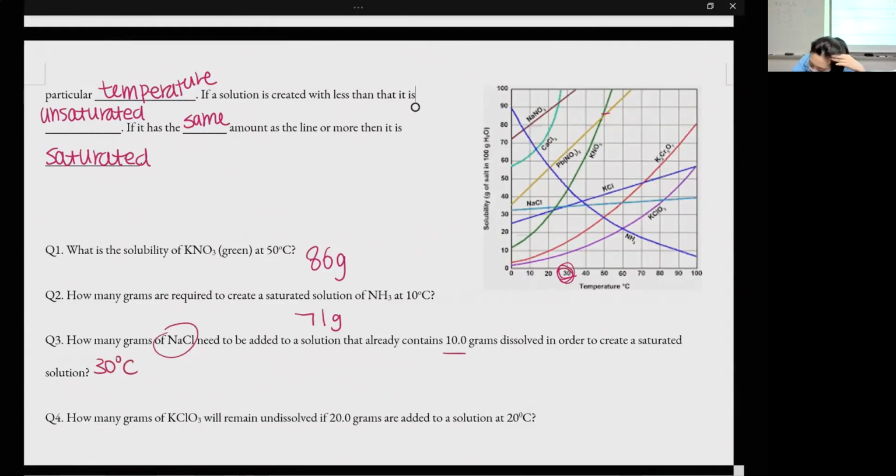If that's the case, NaCl is going to be right there, which is 35 grams. And we already have 10 grams. So 35 grams minus 10 grams will equal 25. So we can dissolve 25 more grams to make the solution saturated.